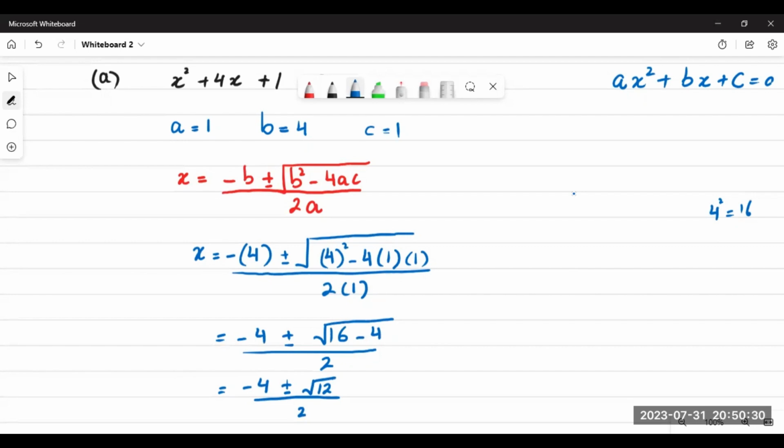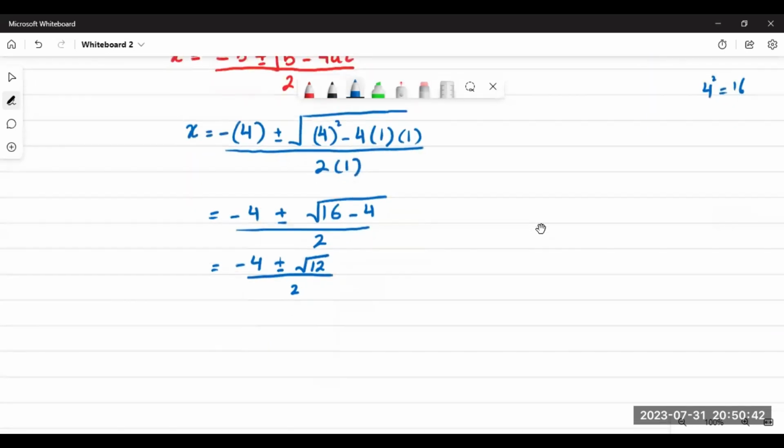After this step, we have to take the square root of 12. On your calculator, the square root of 12 comes to 3.46. I write it over here: minus 4 plus minus 3.46 divided by 2.